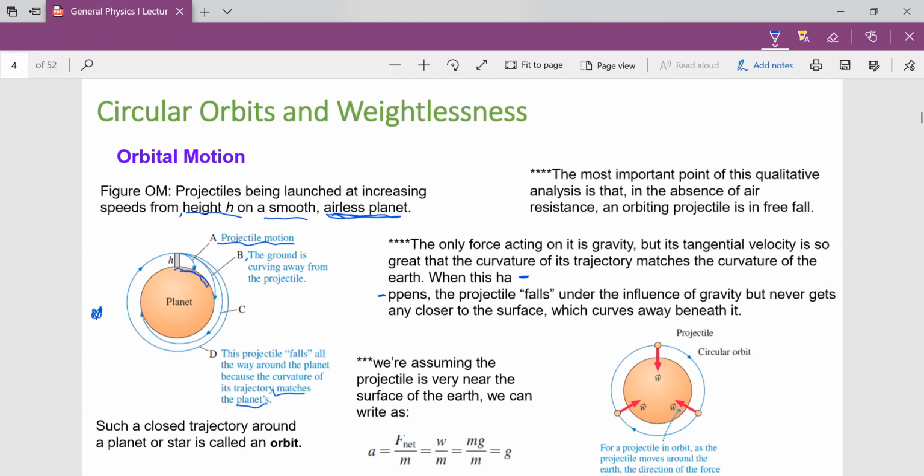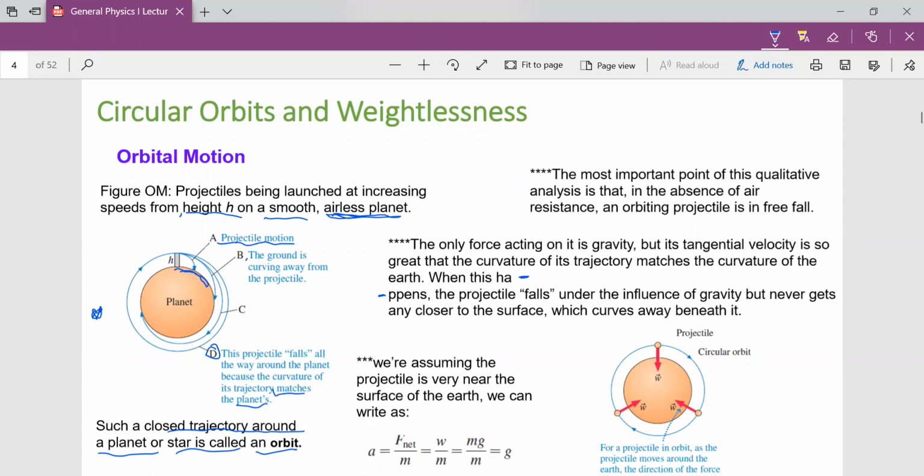Okay. So we now establish that the trajectory around the planet or star is called orbit, which is this object D, the state where it moves parallel to the curvature but never hits, at a certain defined distance. All right. So that's the concept of orbit.